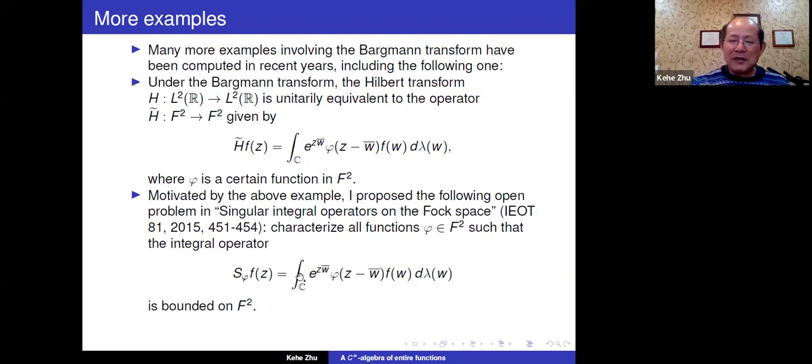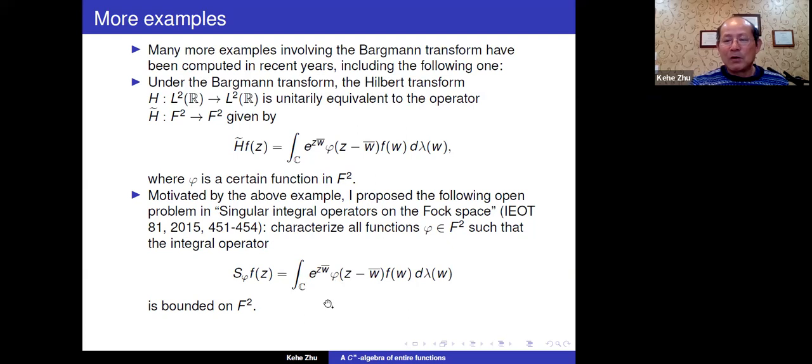But obviously, you can define an integral operator like this on the Fock space for many other functions phi. My question was, can you describe all the functions phi such that this integral operator will be a bounded operator on F2? I think anybody who computed this would naturally think about this question. So I formally raised this question in Integral Equations and Operator Theory in 2015.